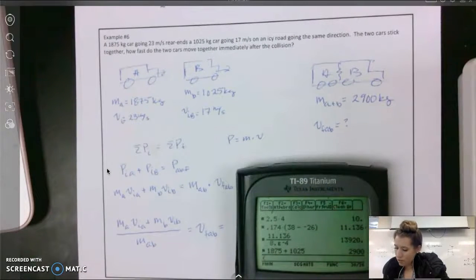Okay, so on the top of the fraction, we have mass of A multiplied by the velocity and added that to mass of B multiplied by the velocity. That's the top of the fraction divided by the bottom, which was the mass of them combined.